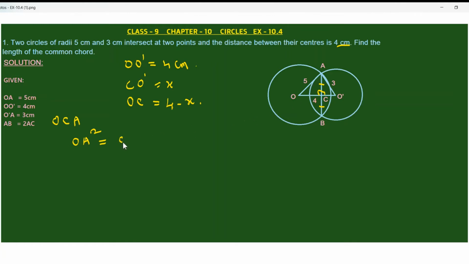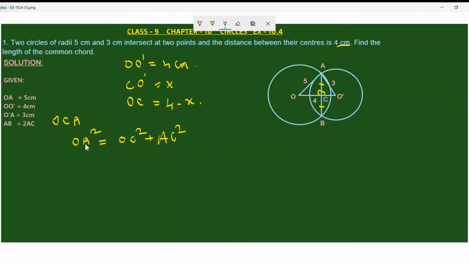That means OC square plus AC square. The hypotenuse will be exactly opposite to the 90 degrees. So OA square is equivalent to OC square plus AC square. This is the perpendicular line.